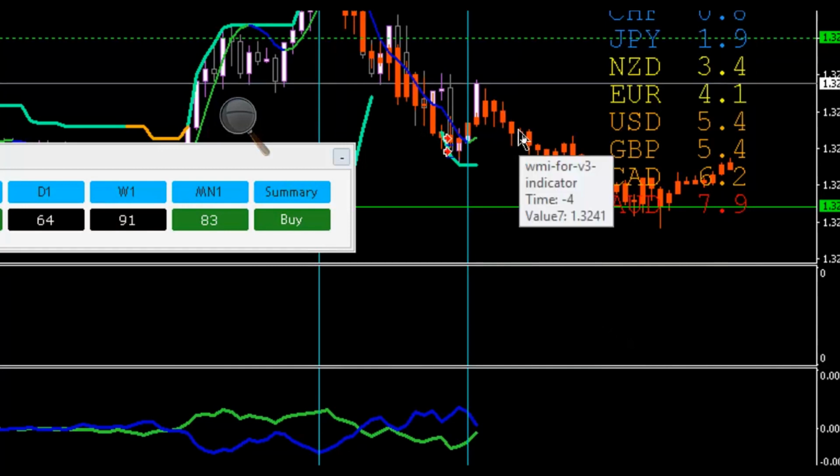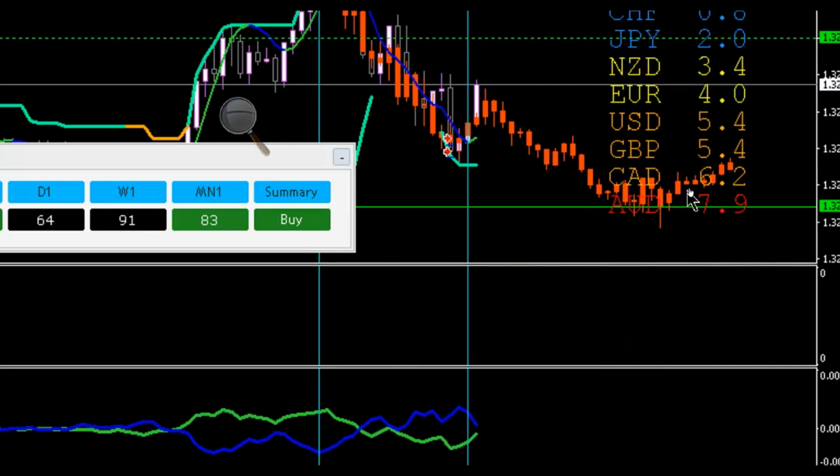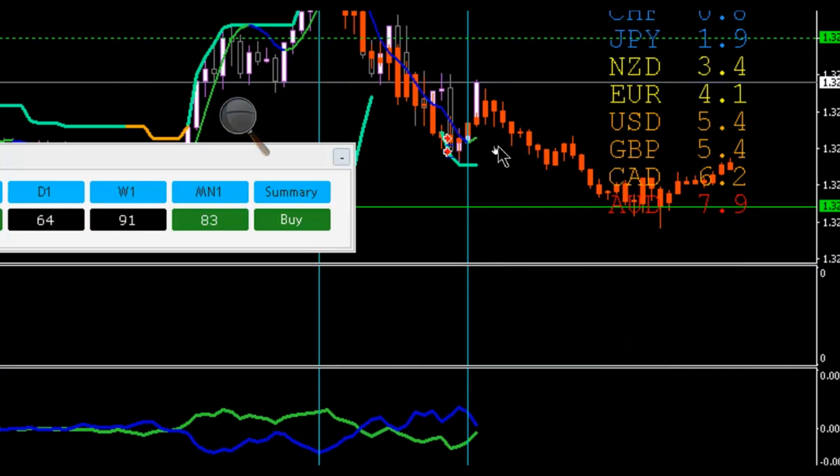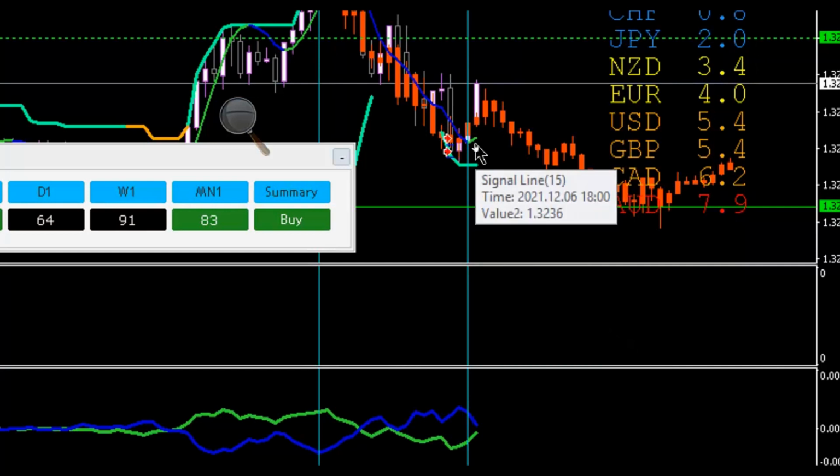This is the projected or predicted trend, and it's going to go down and then slightly up. As you can see, the currency hasn't changed much, and USD is 5.4 and the GBP is 5.4. It's like even Stevens. But this little green colour here that's popping up indicates that the currency is going to go up.